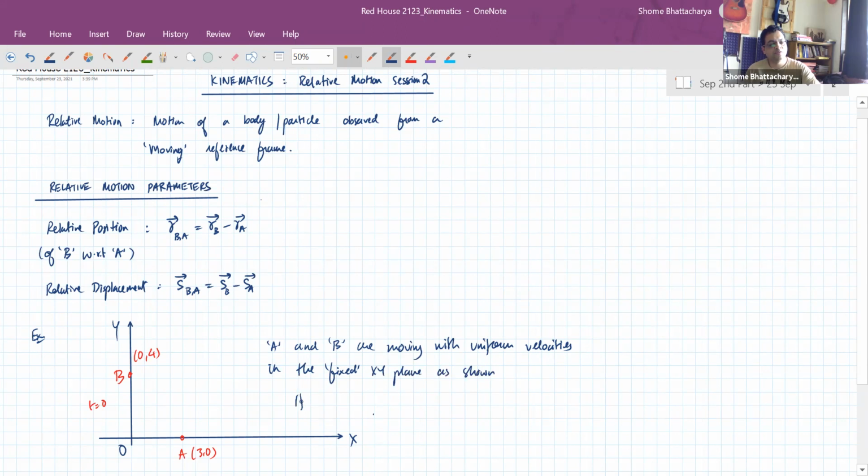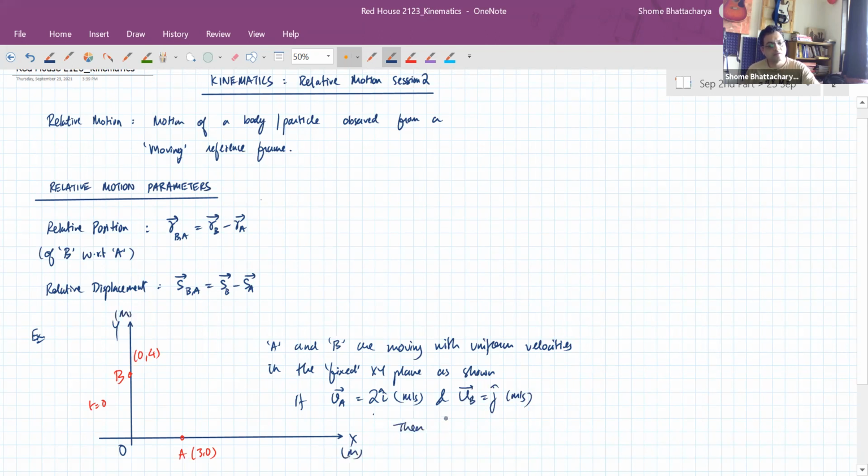So if A's velocity is, let us say, 2 i cap in meters per second, and B's velocity is j cap in meters per second. And here also the coordinates are given in terms of meters.